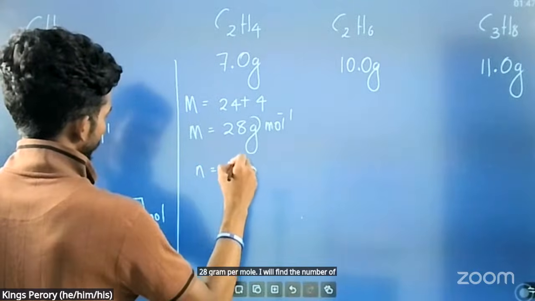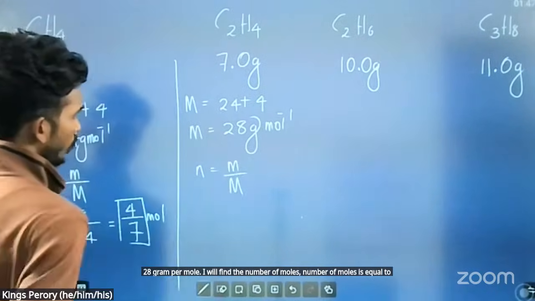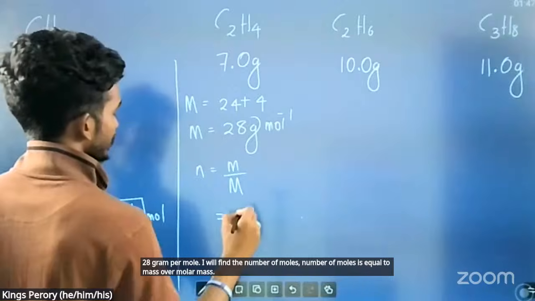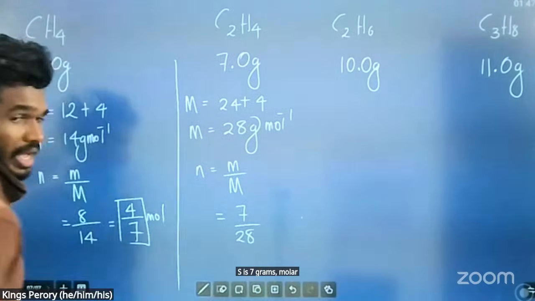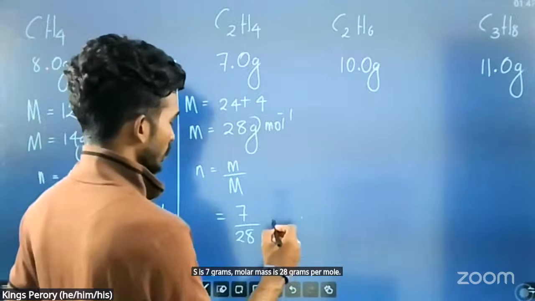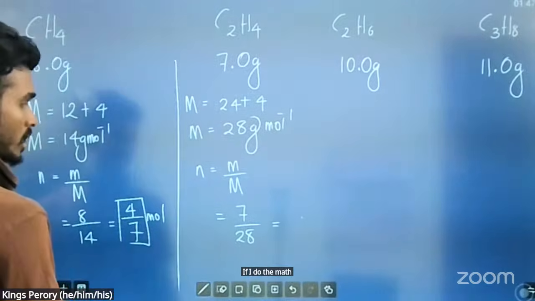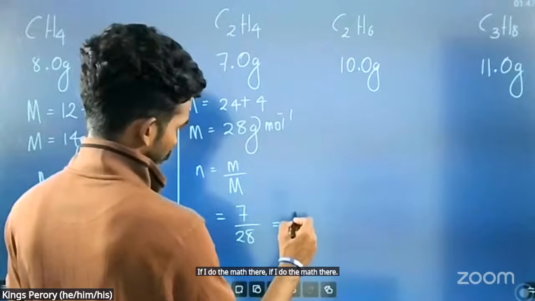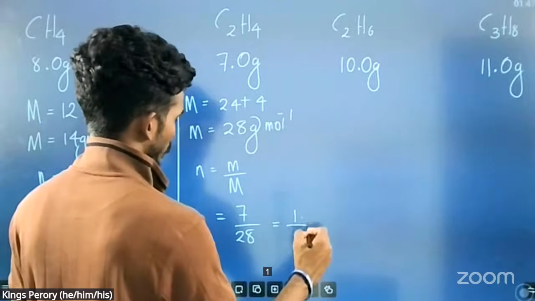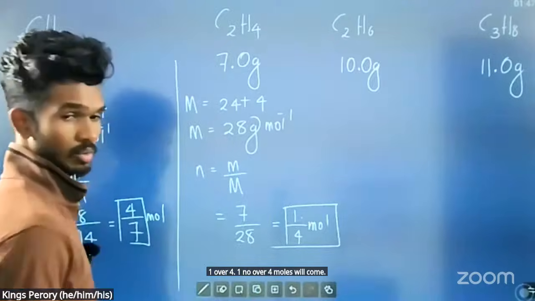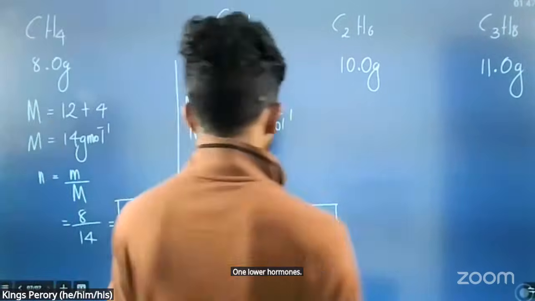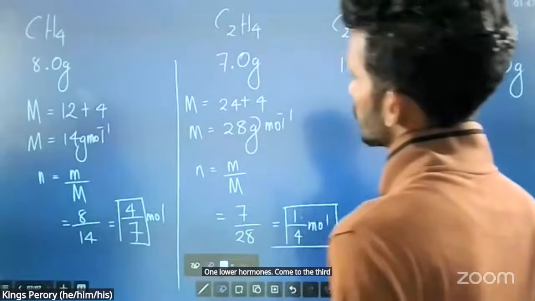Number of moles is equal to mass over molar mass. Mass is 7 grams. Molar mass is 28 gram per mole. If I do the math, 1 over 4 moles will come. Come to the third one.